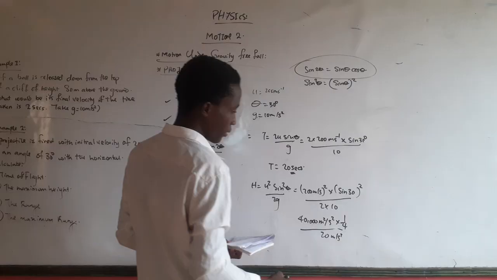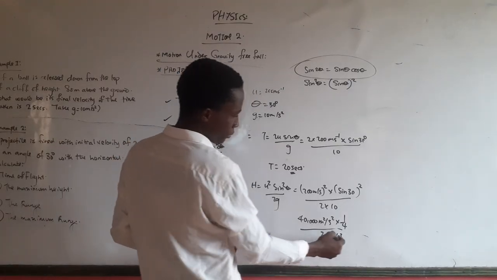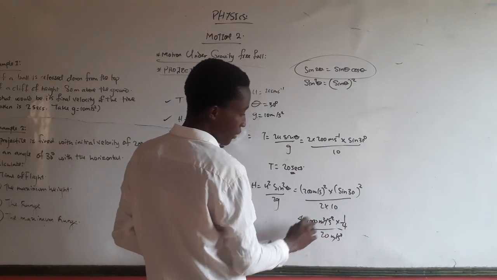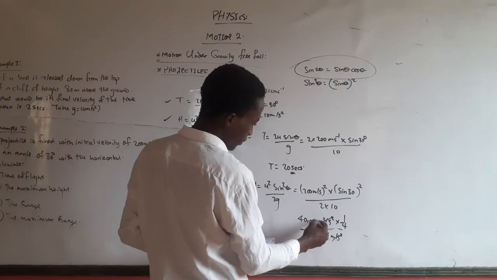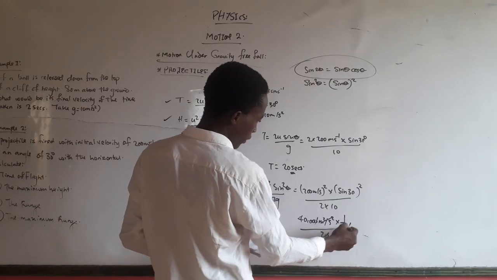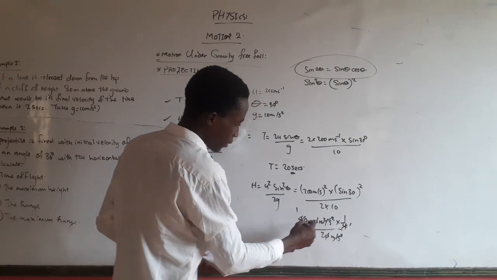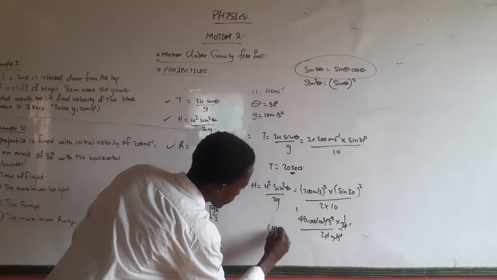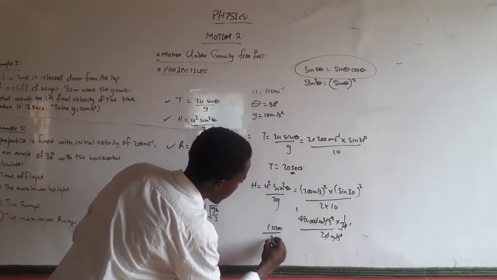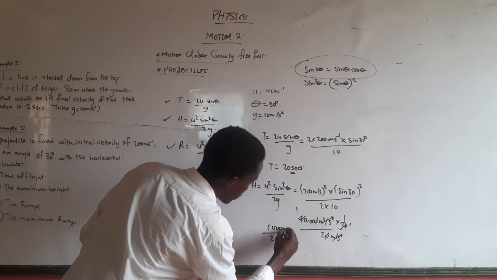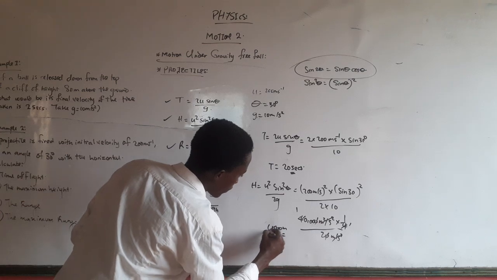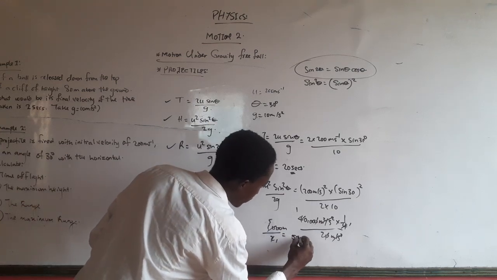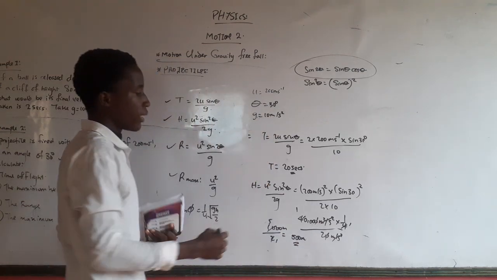Do you understand that? When you multiply this, it will remain in meters. Zero cancels zero, 4 here 1, so we have 1,000 divided by 2 meters, so we have 500 meters. So this is the H.